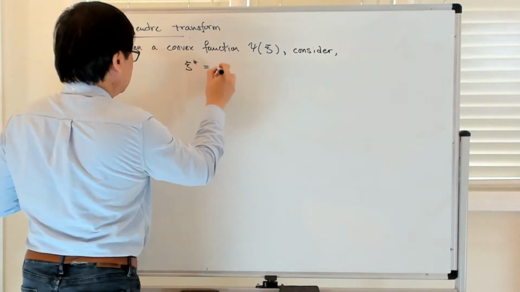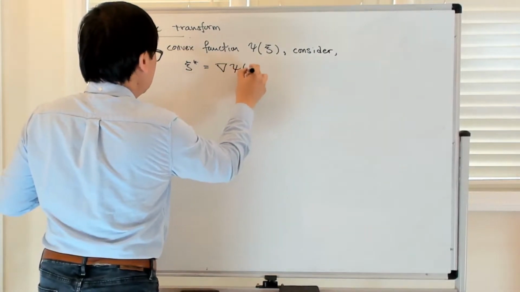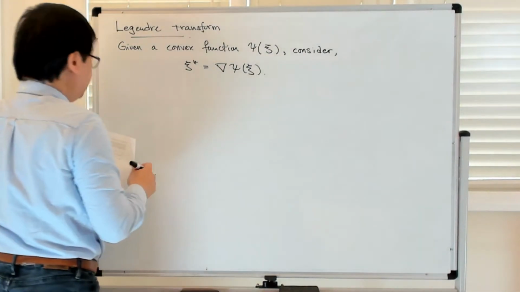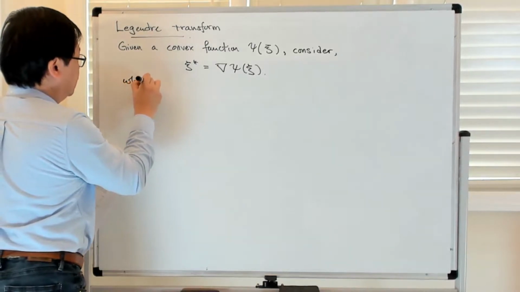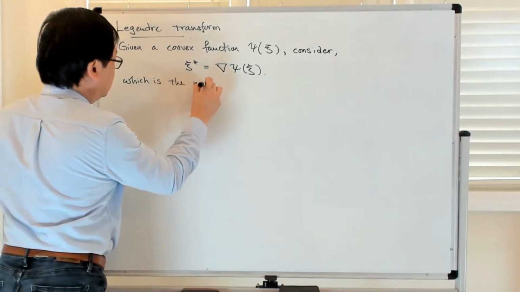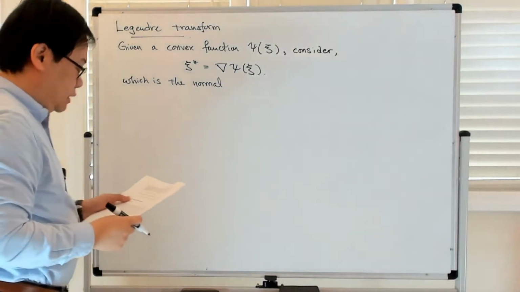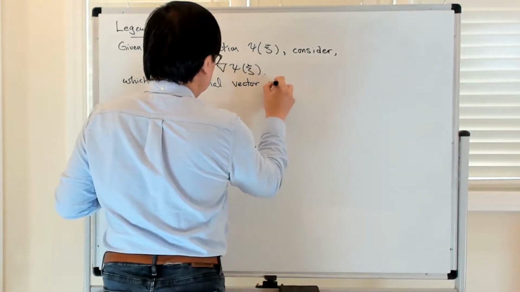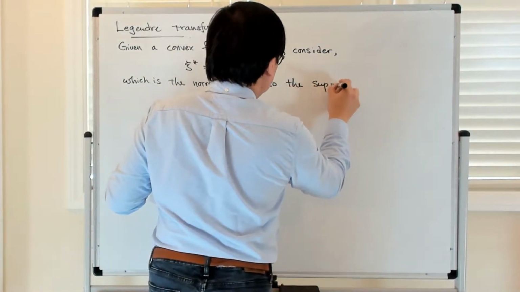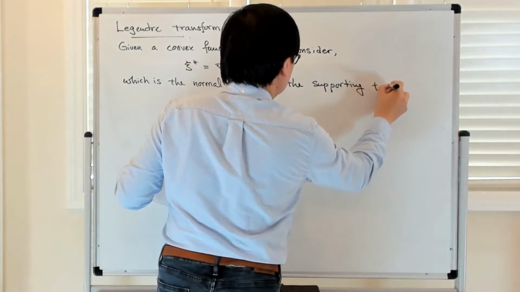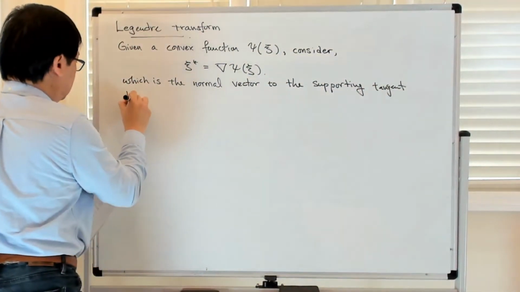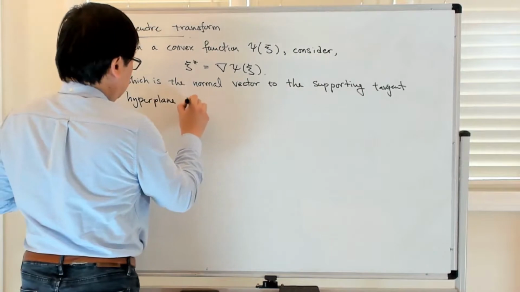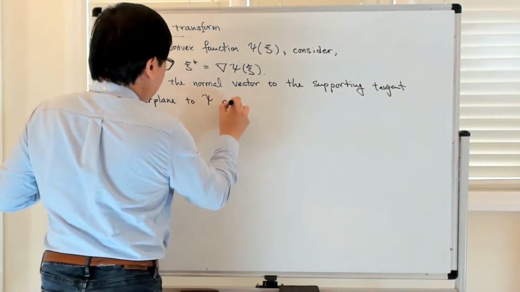C star is equal to the gradient of the convex function at the point C. So this is just the normal vector to the supporting tangent hyperplane to the convex function at the point C.